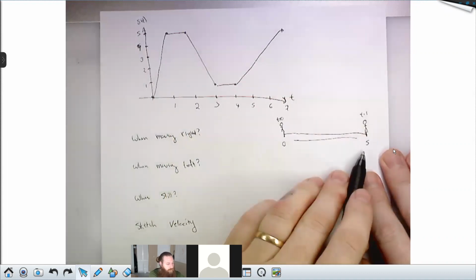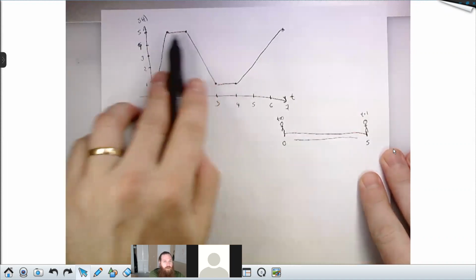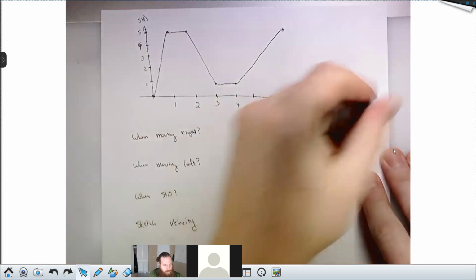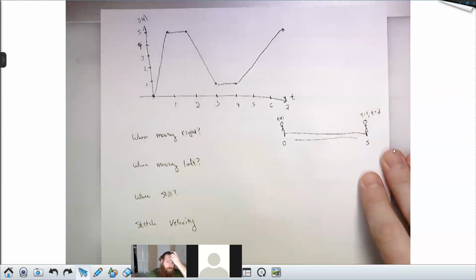And then he sits there for a second. From time t equals 1 to time t equals 2, his position stays at 5. So he doesn't move from time t equals 1 to t equals 2. But then from time t equals 2 to t equals 3, he runs back to position 1.